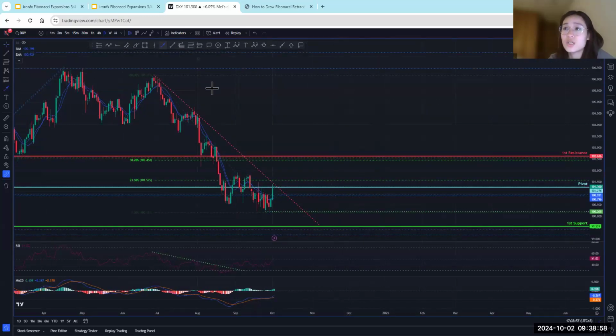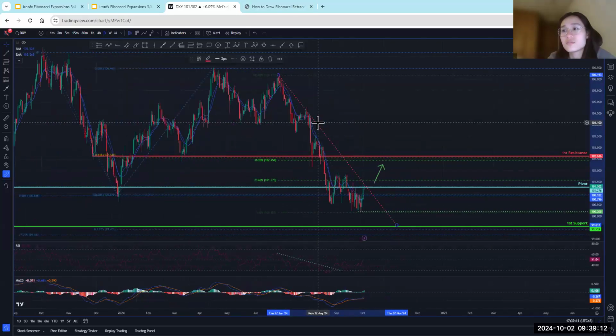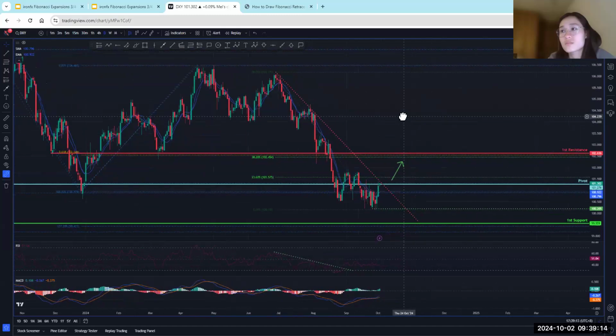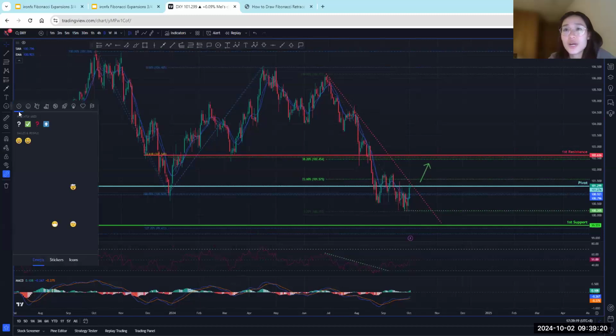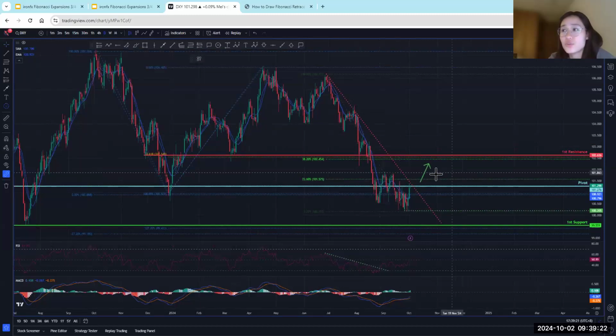So we could see prices actually continue to move above this or break out of this descending trend line and head towards our first resistance here. But we'll see if price manages to break out of this descending trend line.